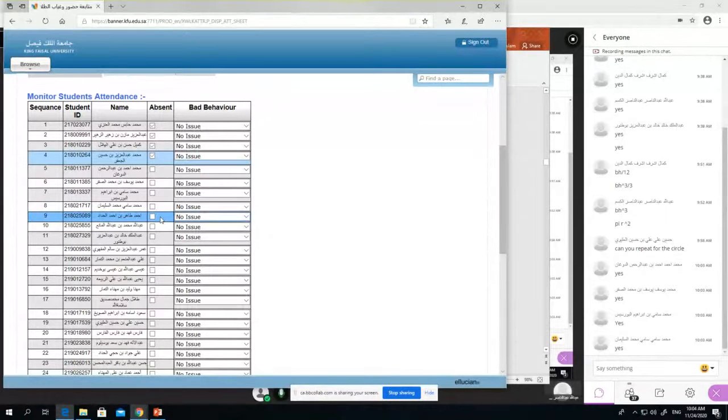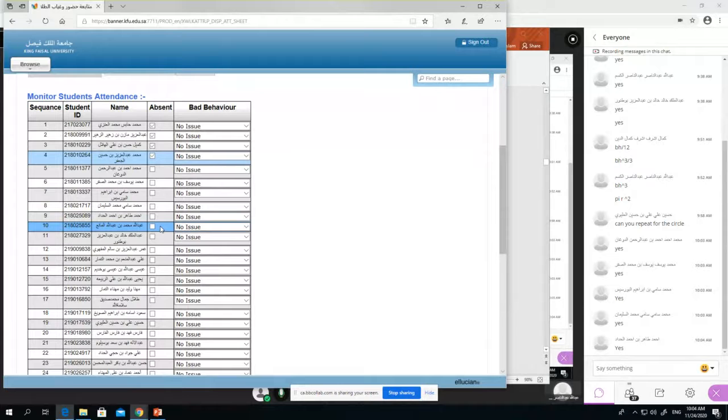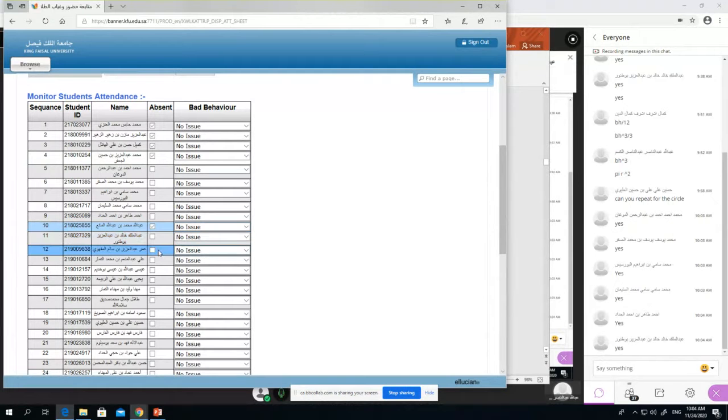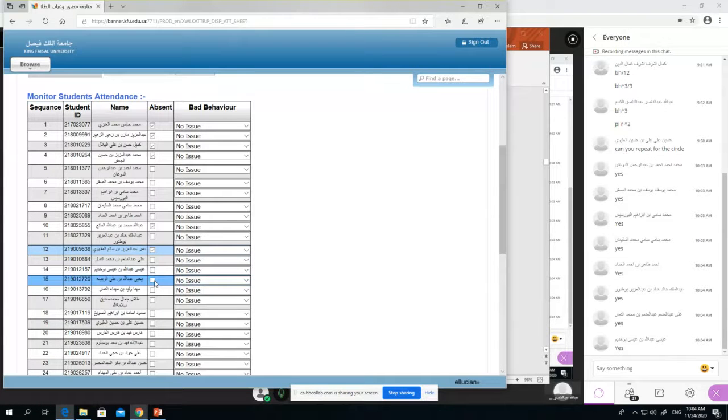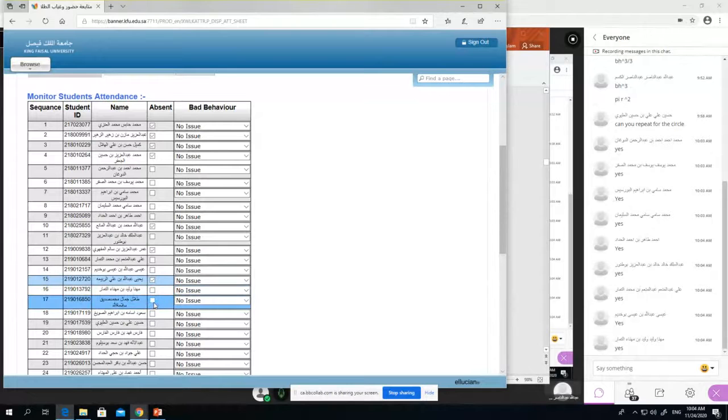Ahmad Tahir is there. Abdullah Muhammad Abdullah. Absent. Umar Abdul Aziz. Absent. Yahya Abdullah. Absent. Talal Jamal. Absent.